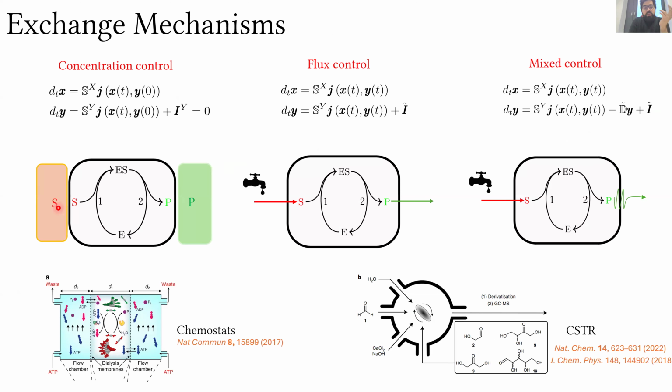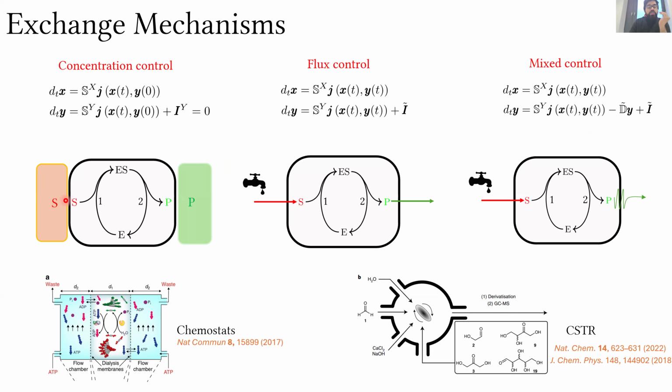So far, I told you how the chemistry happens. Now I have to specify the exchanges. We studied three mechanisms of exchange. The first one we called concentration control, and this is the most typical thing that you would see. The idea is that you fix the concentration of the Y species.